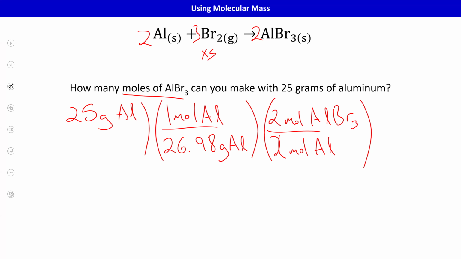So it's gonna be something a little under 1 mole. We get 0.93.